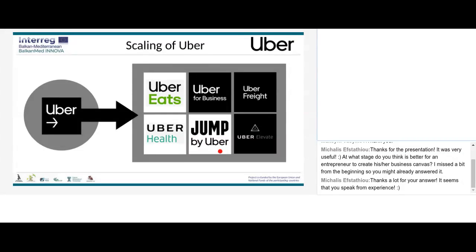There is Jump by Uber, which is a bike sharing service. Uber Freight is a delivery service for carrying heavy items, etc. And Uber Elevate is a service that has to do with elevation, and by elevation I mean helicopters, drones, even private jets can be found through Uber Elevate services.